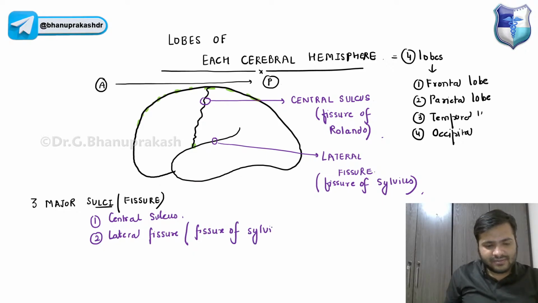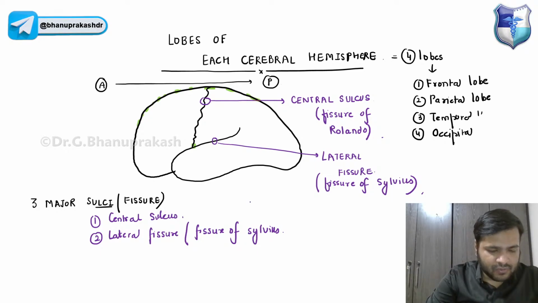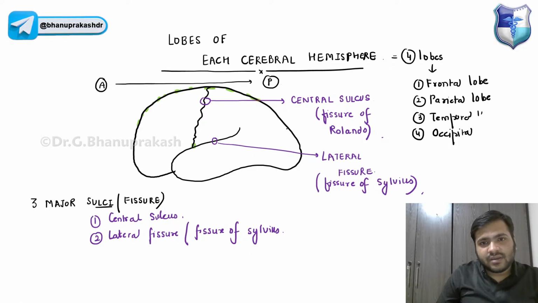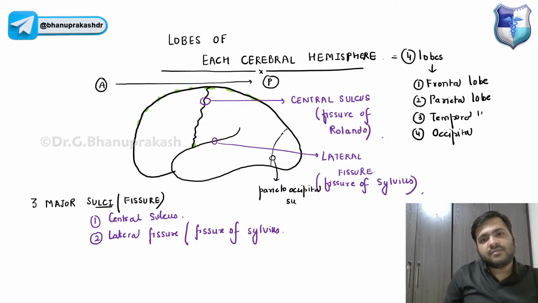And one more sulcus that you will find behind, I will be telling you the location also, guys. We have one more sulcus over here, and that is called the Parieto-Occipital sulcus. The three main sulci, just try to remember this.